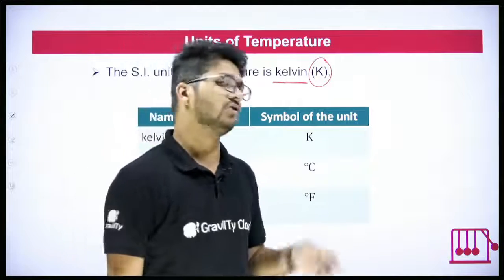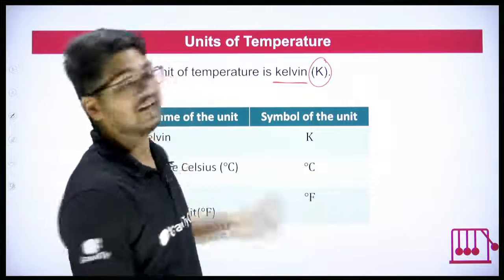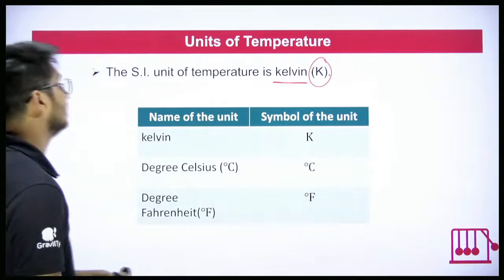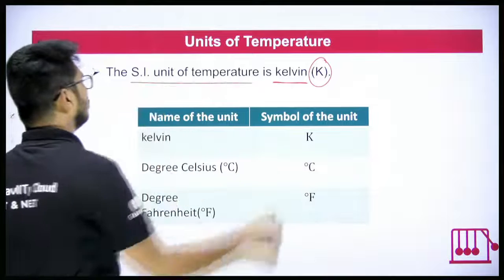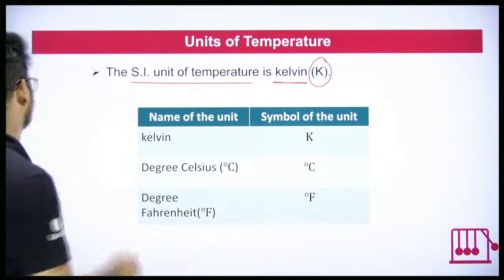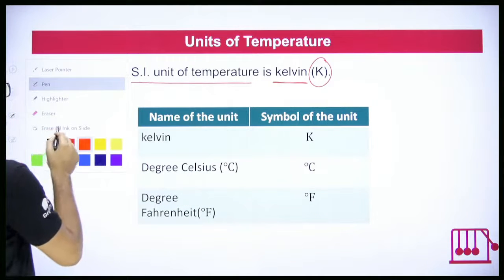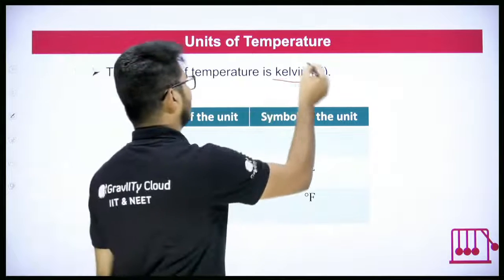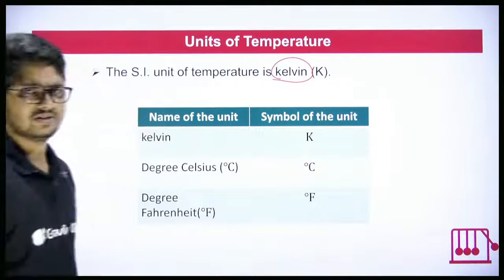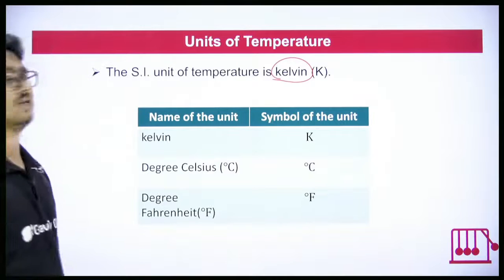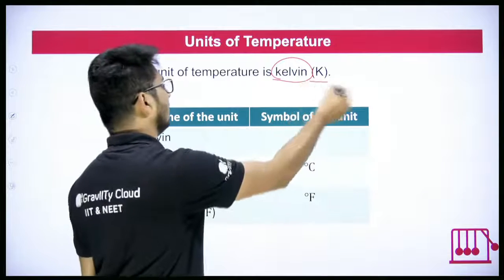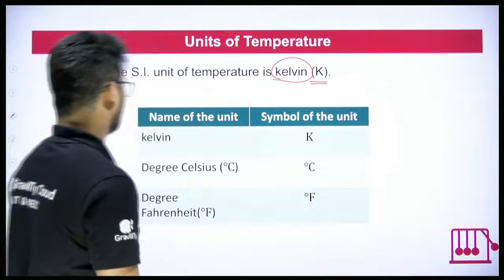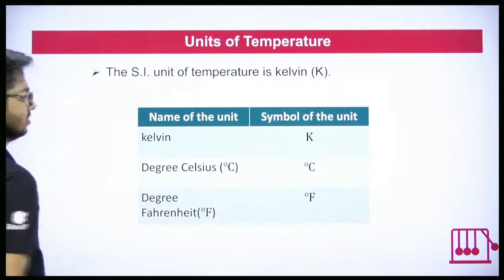In everyday life we use Celsius and Fahrenheit, but Kelvin is the proper unit and it is the SI unit of temperature. And Kelvin is the name of a very famous scientist. That is the reason why its symbol is capital K. Got it?